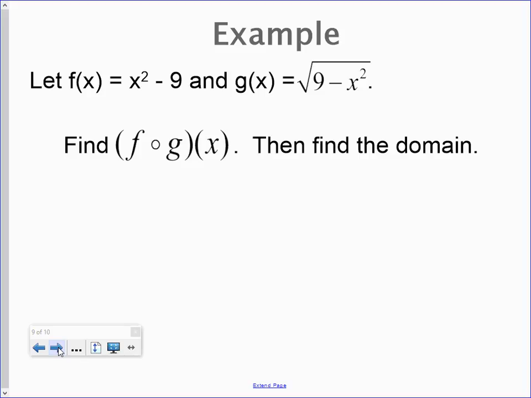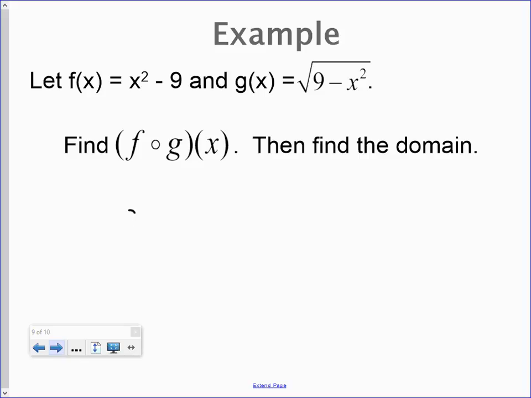We're going to let f of x be x squared minus 9 and g of x be the square root of 9 minus x squared. And we would like to find the composition of f of g of x. And then after we do that, we would like to identify its domain. So thinking about compositions, f of g of x, we want to plug g in for x in f.